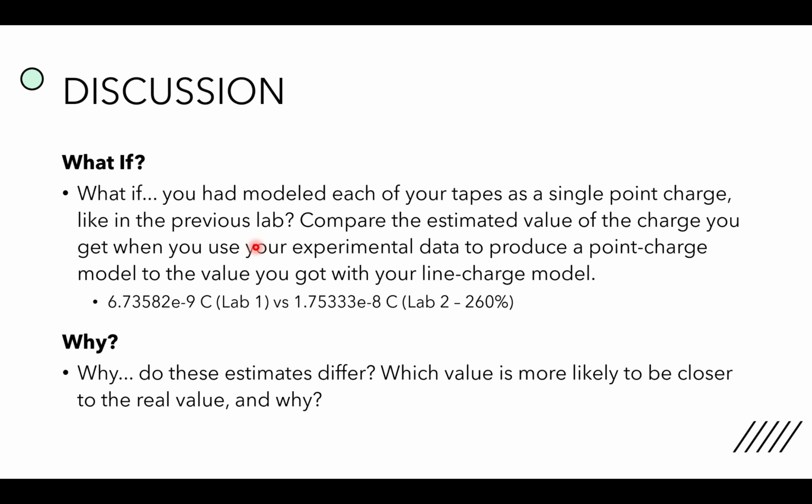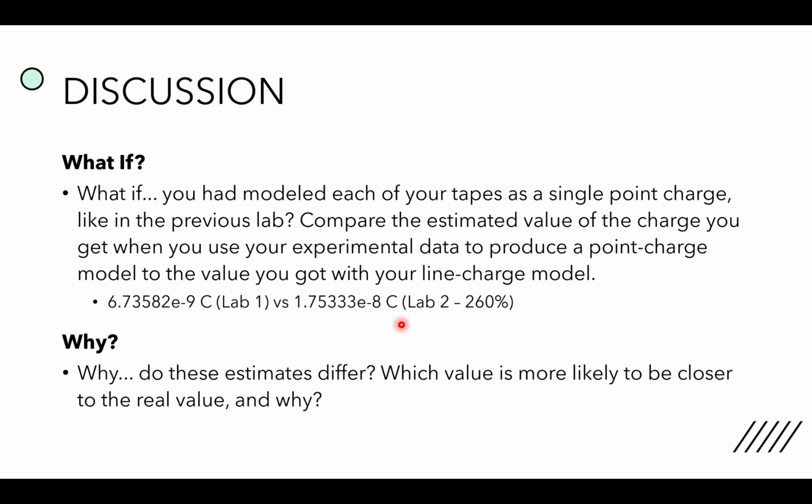What if I modeled each of my tapes as a single point charge? Then I would get a smaller calculated charge versus a line charge model, where I got a charge that was approximately 260% larger. Why do these estimates differ? Because the point charge only takes into consideration one charge, whereas the line charge model has multiple charges.